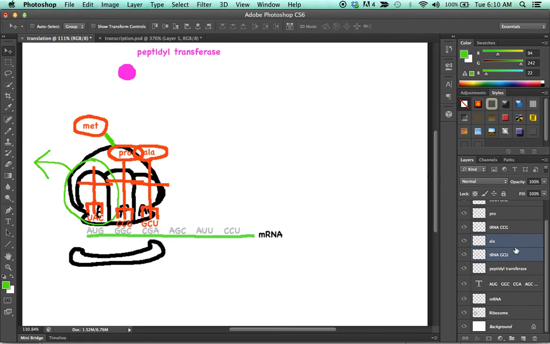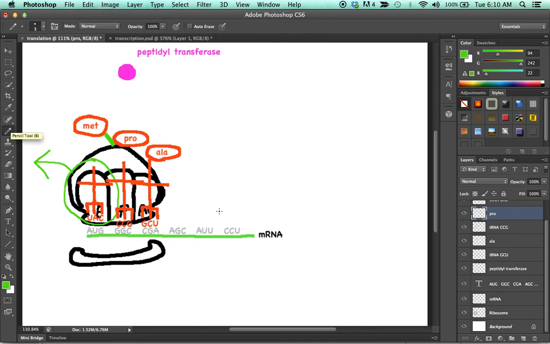So what happens again, as I described just now, whenever the P and the A site of the ribosome get occupied, peptidyl transferase will stimulate the formation of peptide bonds between the adjacent amino acids.